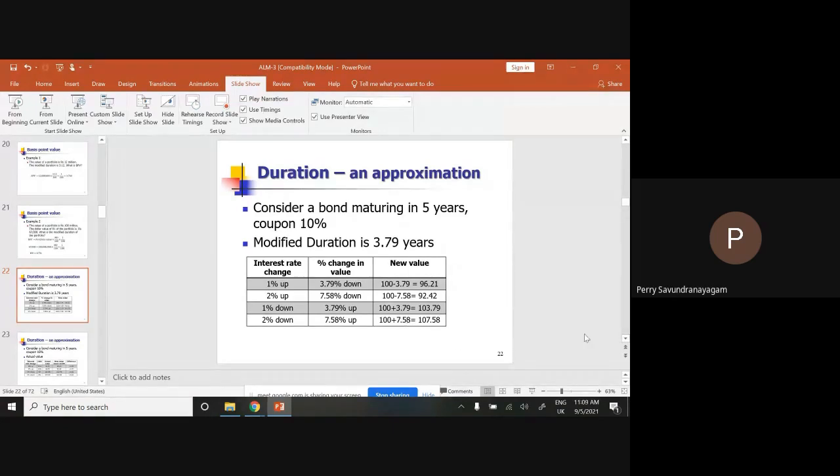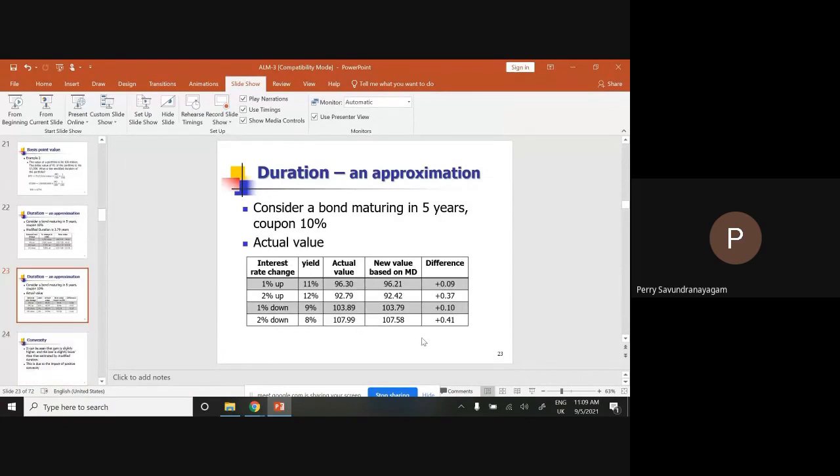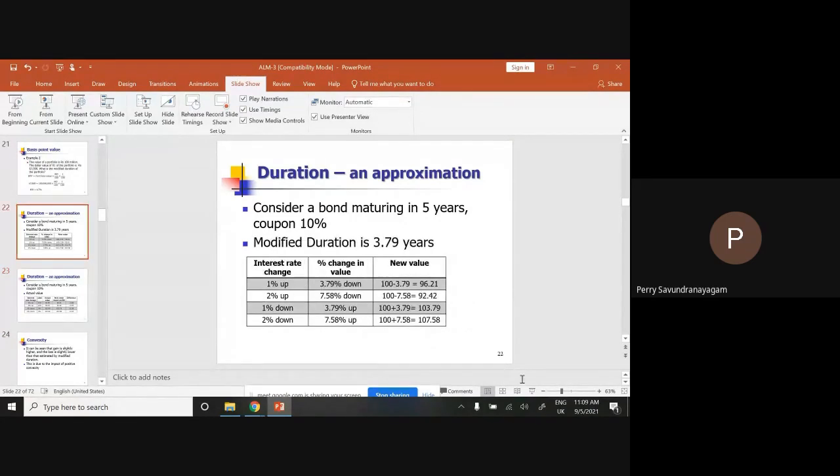So now you have the new price, right? Now let's look at it this way. If you take this one, the price has gone down to 96.21 from being 100. In other words, your price has moved from being worth a 100 rupee bond, now it's only worth 96.